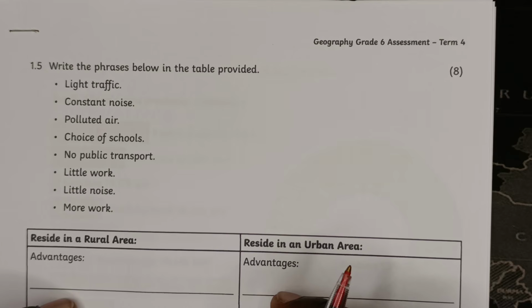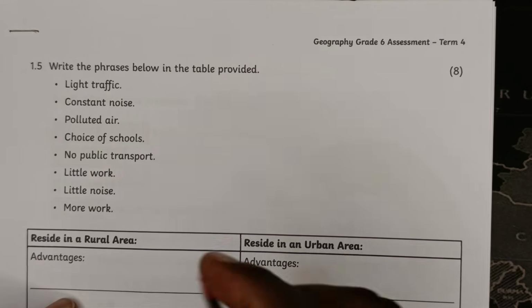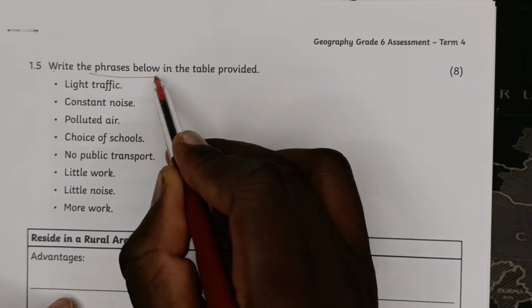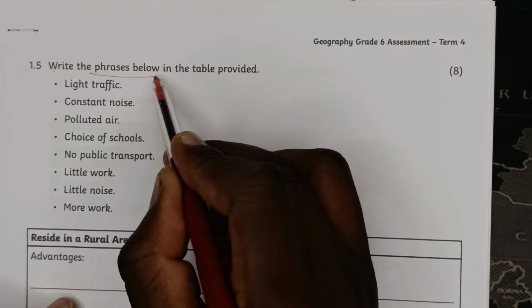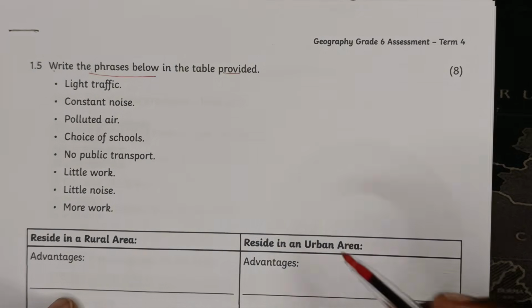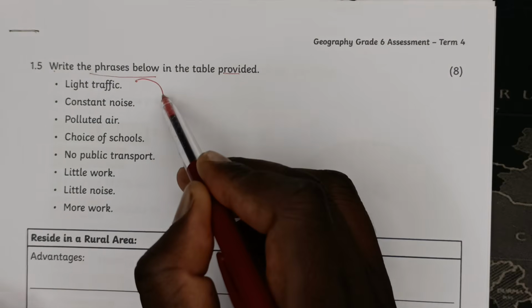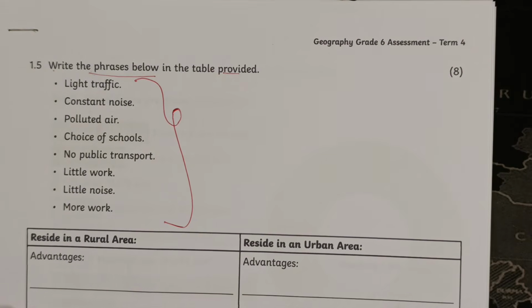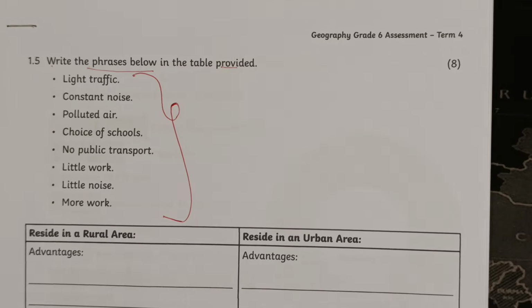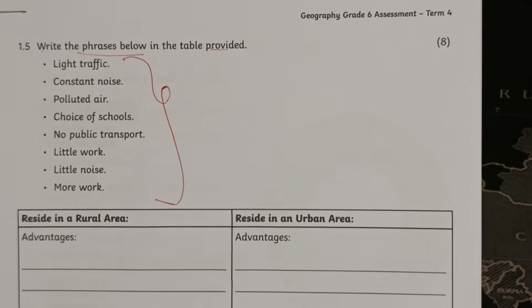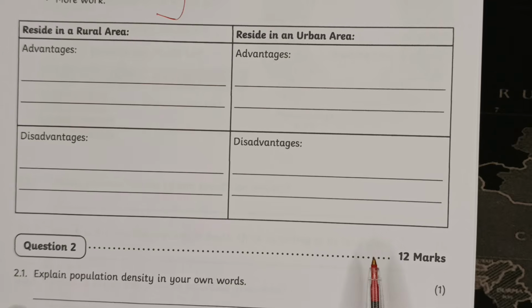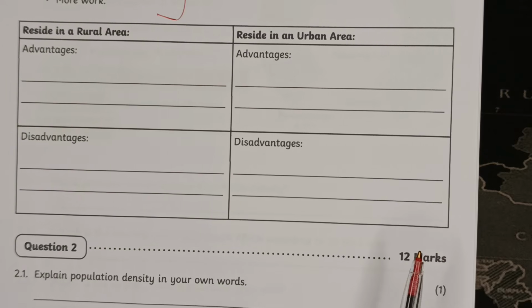1.5. So 1.5 says, write the phrases below in the table provided. So these phrases that are here, they should be written in the table provided here. So this is the table that is provided.